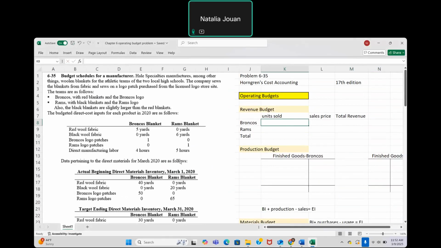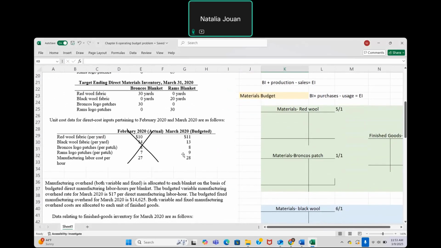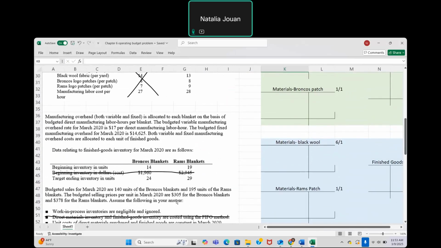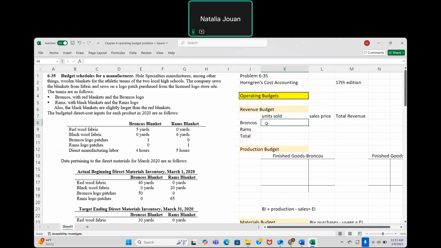So let's go down here and figure out how much we're trying to sell. We go down to the selling section of the handout. You're going to see that we are budgeting to sell 140 units of the Broncos blankets and 195 units of the Rams. So let's put that here. Units: 140, 195.